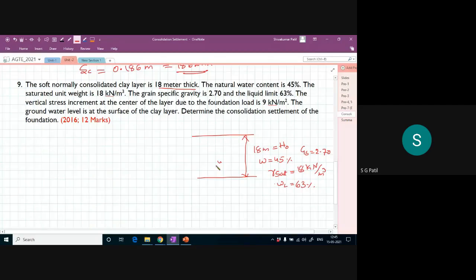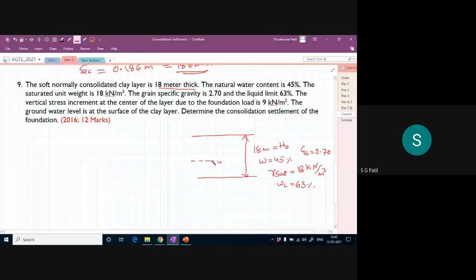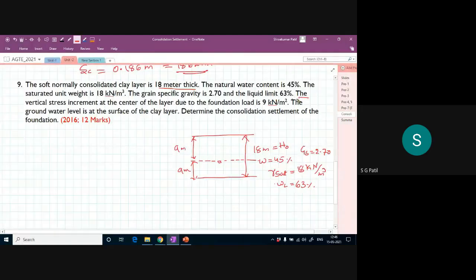The vertical stress increment at the center of the clay layer due to the foundation is 9 kilonewton per meter square. So they are giving the delta sigma z directly. This is 9 meter and this is 9 meter, because the total is 18 meter.